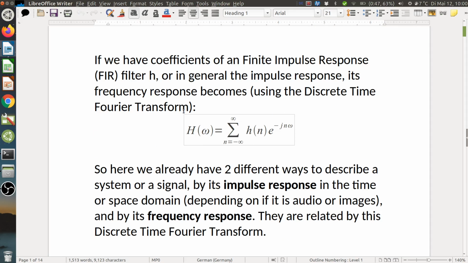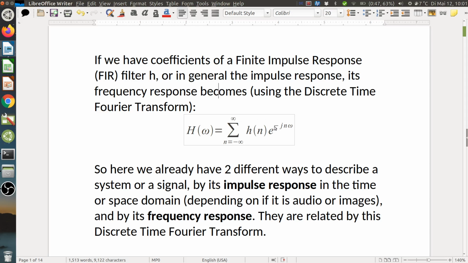So if we have the coefficients of a finite impulse response filter h, or in general the impulse response, its frequency response becomes, using the discrete time Fourier transform, this equation. So here we can see we have our impulse response, or the coefficients of our finite impulse response filter h of n. And then we just apply the discrete time Fourier transform in this way.